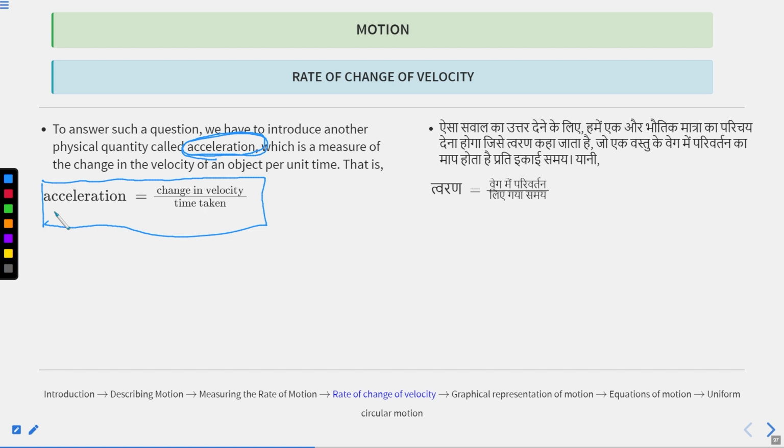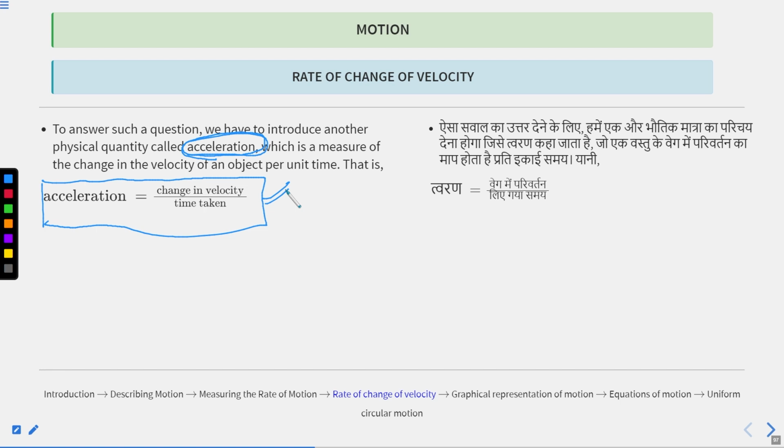So velocity also changes with time, and the change in velocity per unit time taken is known as acceleration. If I am applying a force on this object and it is moving fast, then I am accelerating this object.